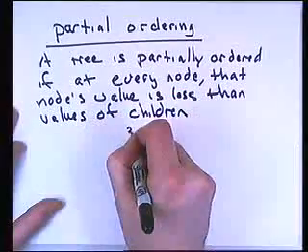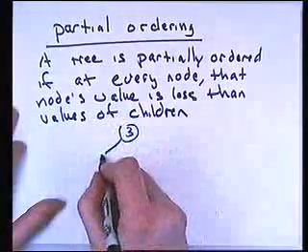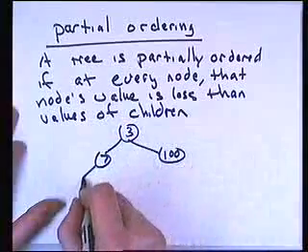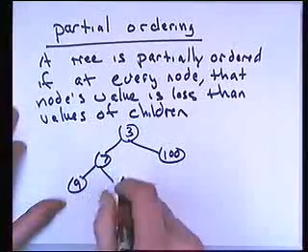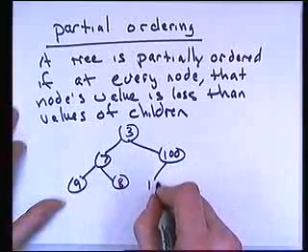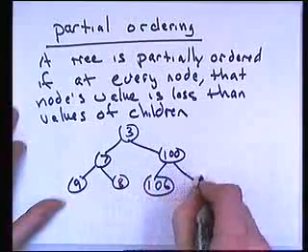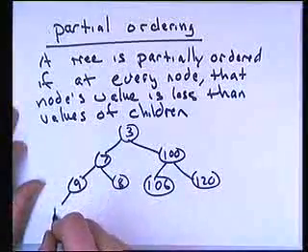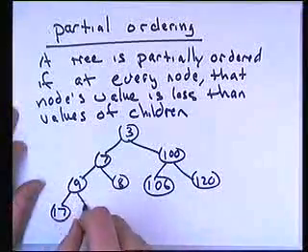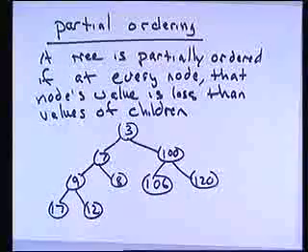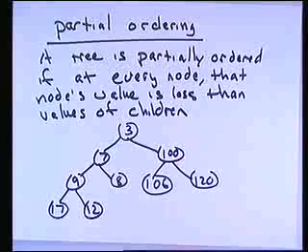So maybe we have here, for example, 3, and here's 7, and here's 100, and here's 9, and here's 8, and here's 106, and 120, and then maybe off of 9 I've got 17 and 12. There's an example of a partially ordered tree.